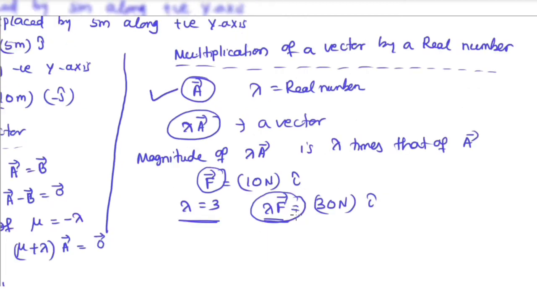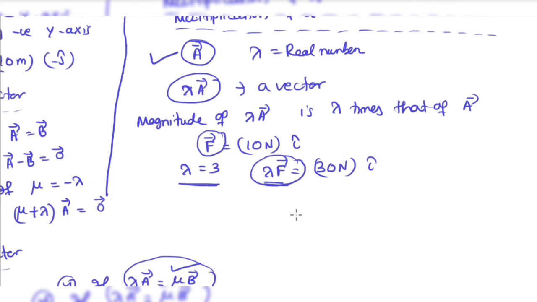And remember that this real number lambda can be positive, it can be negative. Since lambda is a real number, and the real number can be positive and negative.